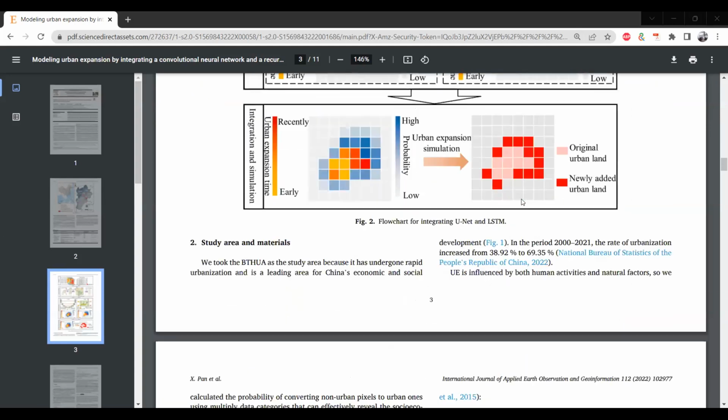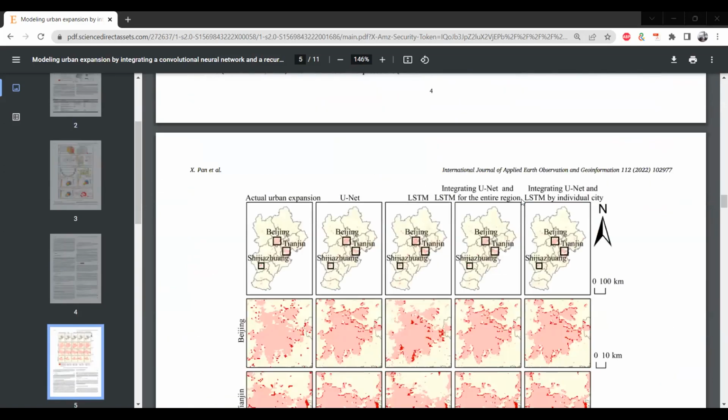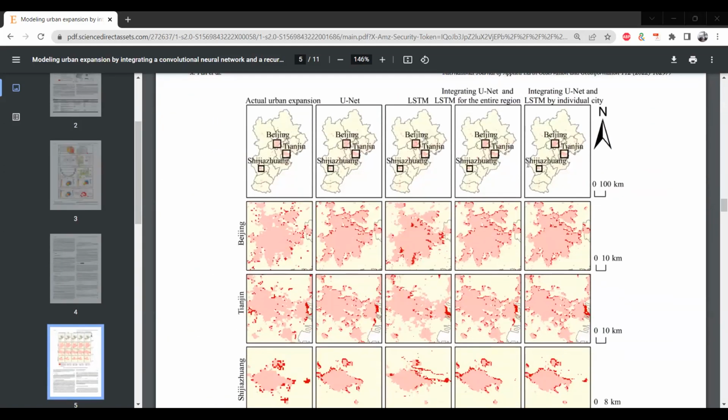I think I should switch to the next page in order to see the difference. The models that they use are the UNet architecture for convolutional neural networks and long short-term memory for recurrent neural networks. The third model was integrating the two models for the entire region, and the fourth one was integrating these two models at the individual city level.